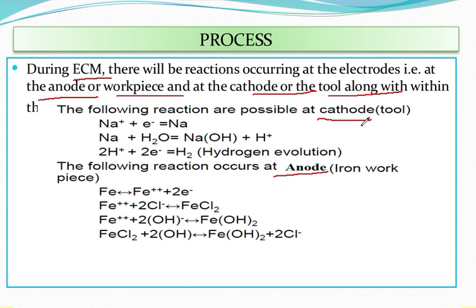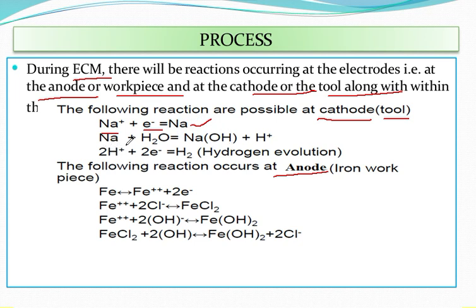So if I go for the cathode, we are going to have a look at the following reactions which are possible at the cathode. Cathode means at the tool. So what is the reaction you can see? Na+ plus e- gives you Na.